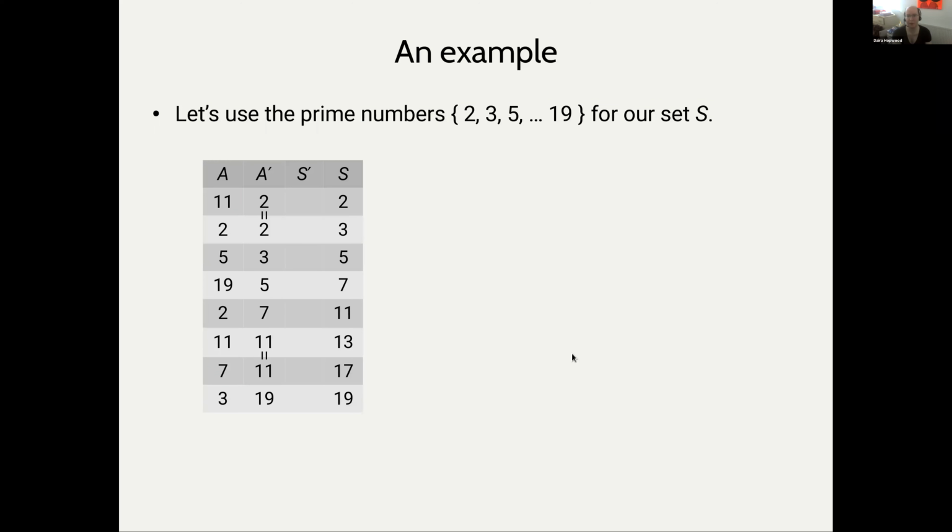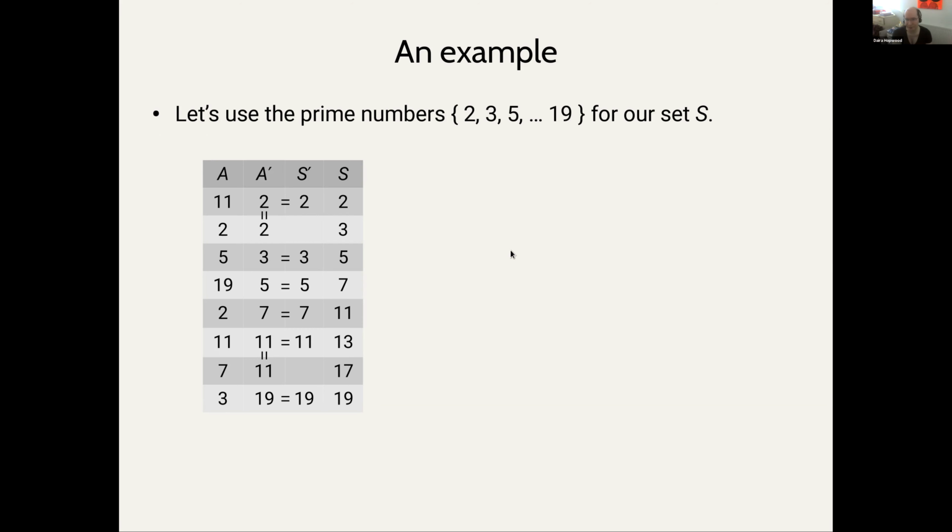So what we do is basically just sort this A column. What's important here is that like values are sorted together vertically. And then for each group of cells that are the same, we copy the first of them to S.